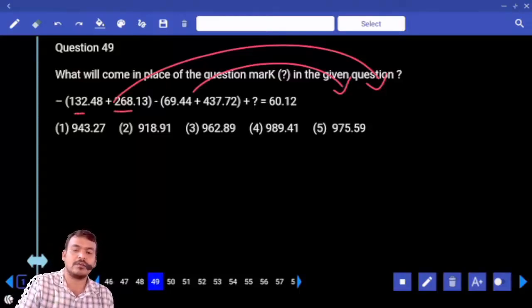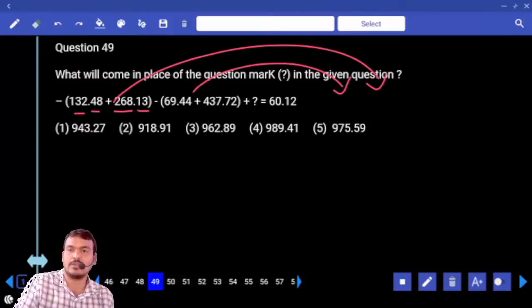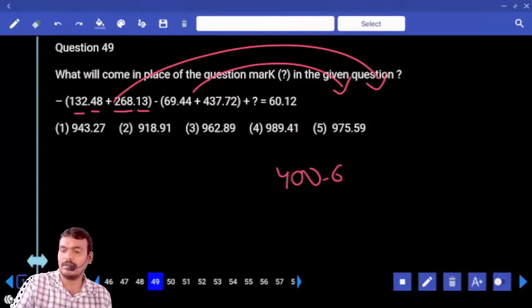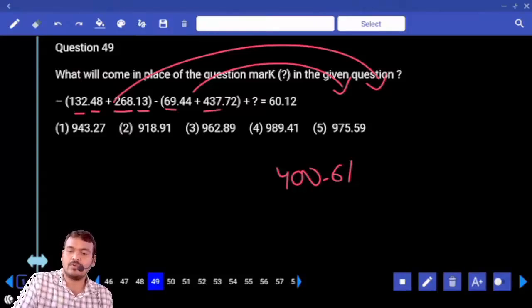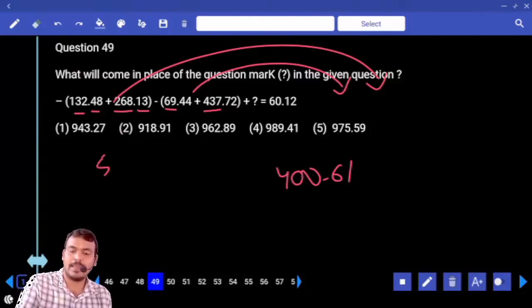132 plus 268 how much? 132 plus 268, 400 అన్నాడు. 0.48 and 0.13, 0.61 అన్నాడు. 400.61. నెక్స్ట్ యాడింగ్ ద 69 plus 437. 506 అన్నాడు. 506 plus 0.44 plus 0.72, 116, nothing but 1.16.